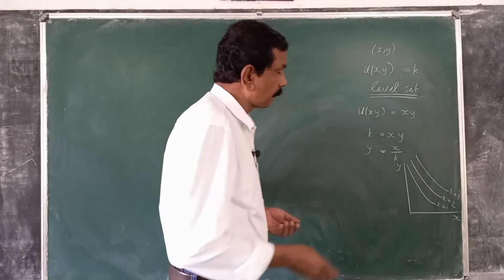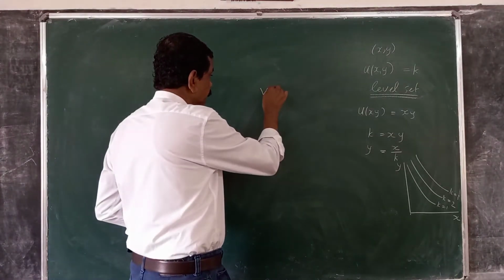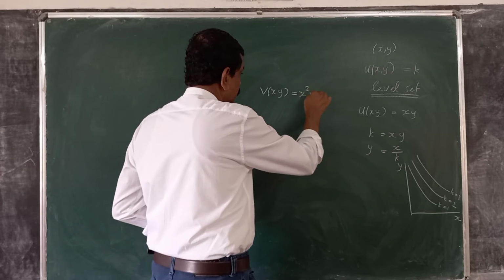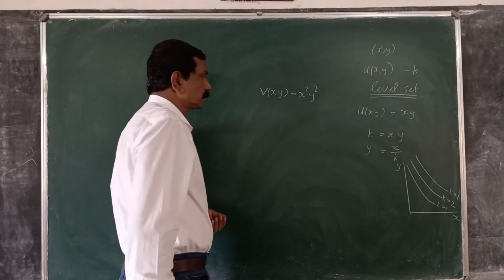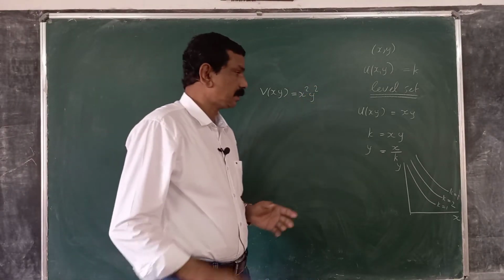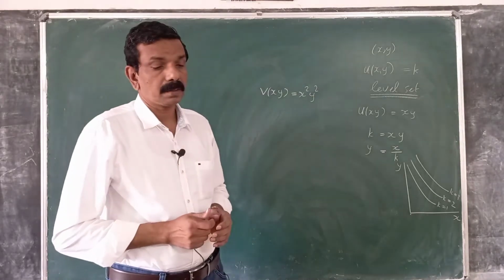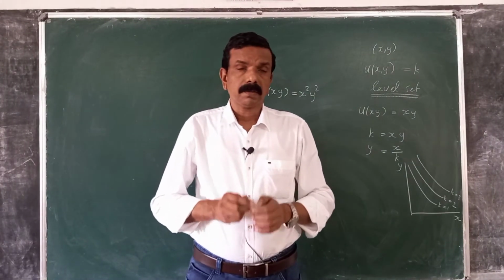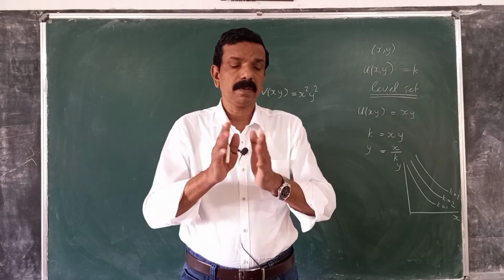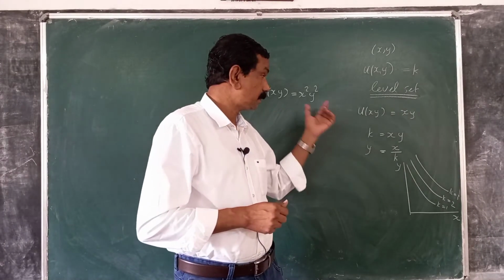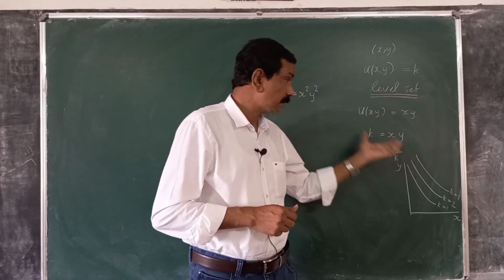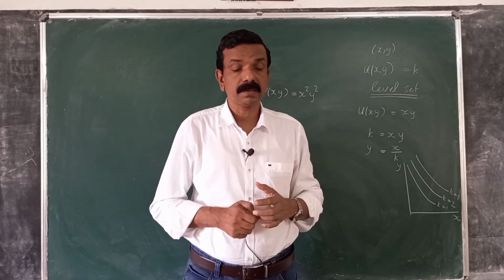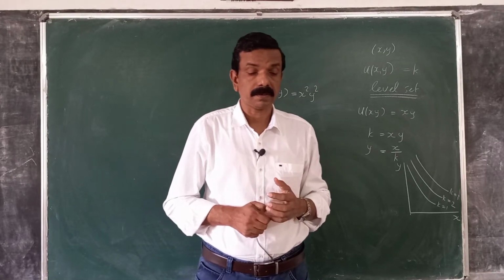Suppose that v(x,y) = x squared y squared. Now the question is, what will be the shape of the indifference curve given that the utility function is x squared y squared?